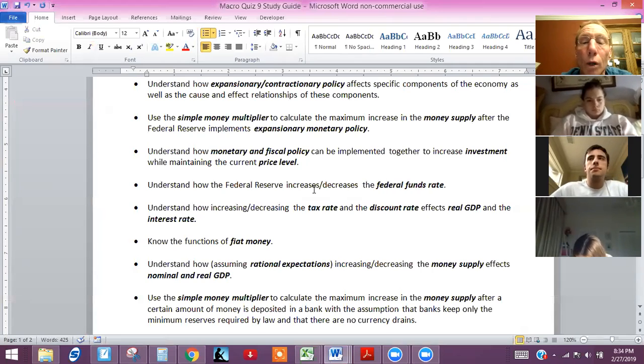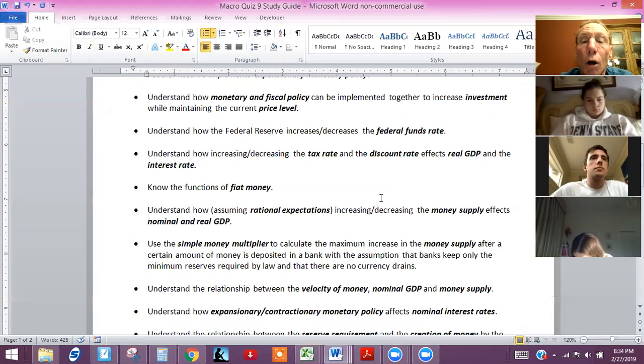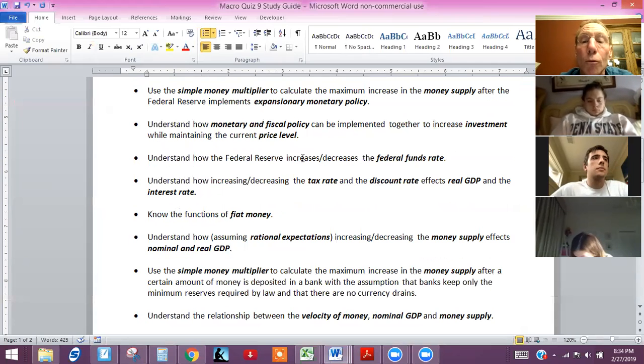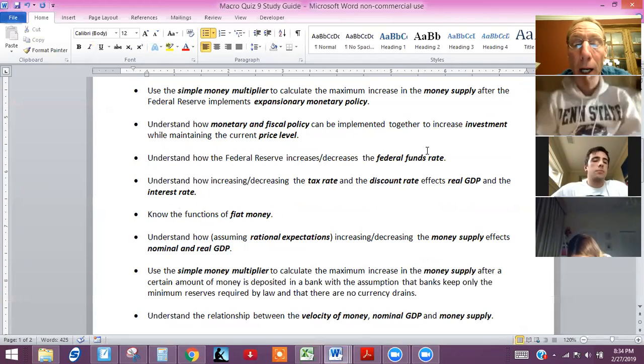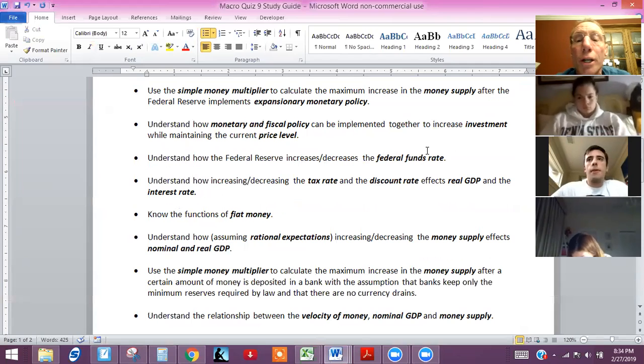This is something, once again, kind of a review, but we know that the way they change the interest rate is to change the money supply, right? And the way they increase or decrease the money supply is buy or sell bonds.